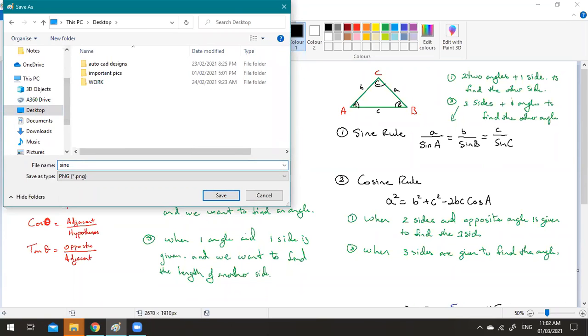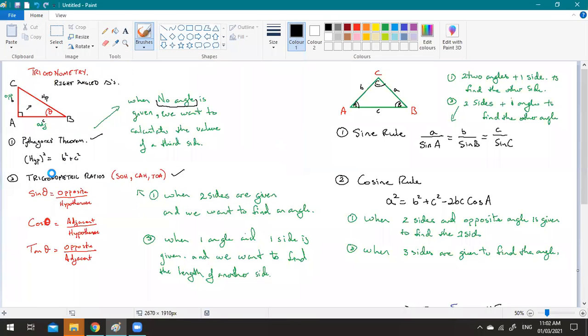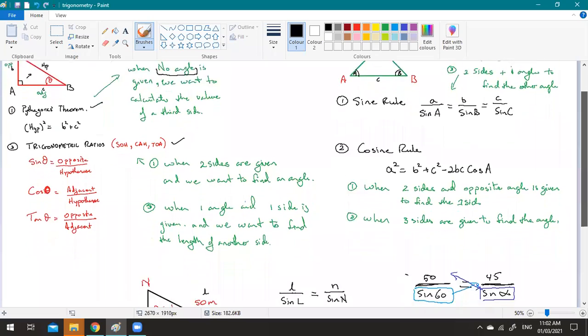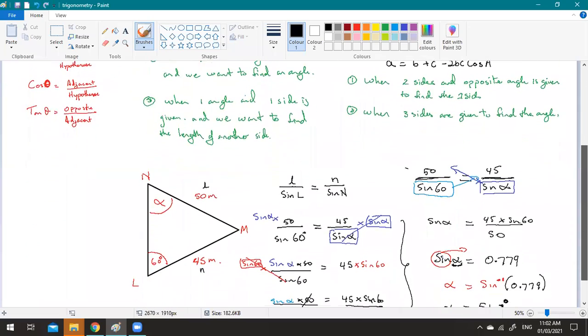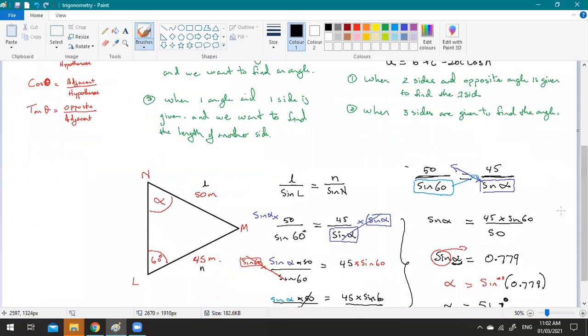Sine, trigonometry. So I save that there. All right, so the cosine rule now. I don't think I have enough time to do that now.